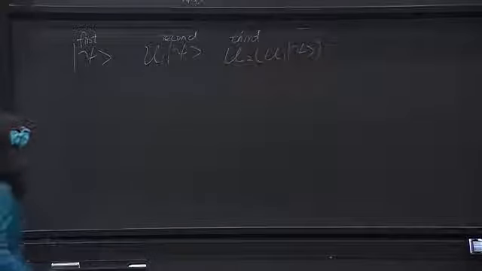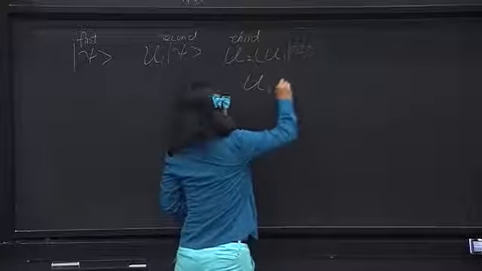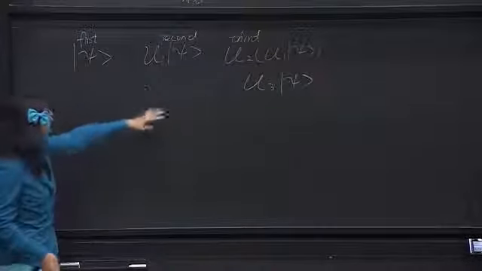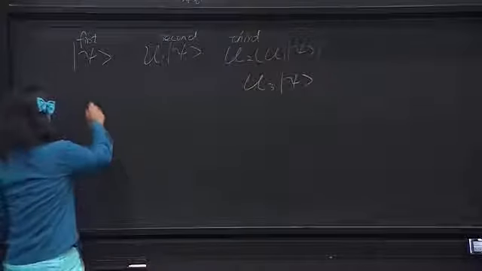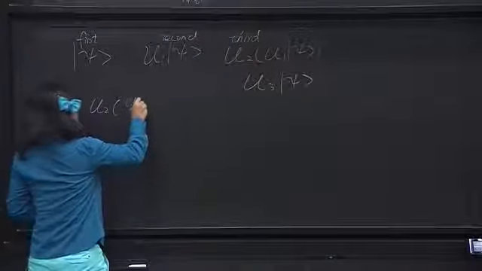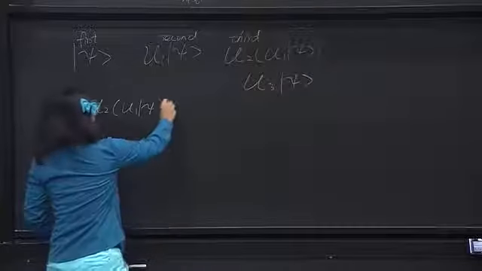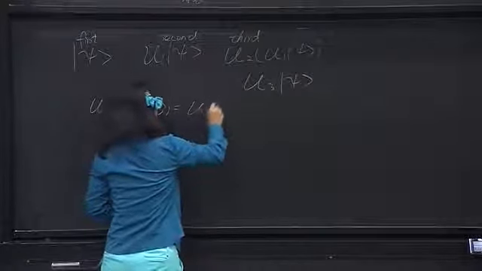Then they should still be related by some unitary operator, let's say U3. So going through the second observer or not shouldn't really change anything. The third observer should observe the state to be the same.